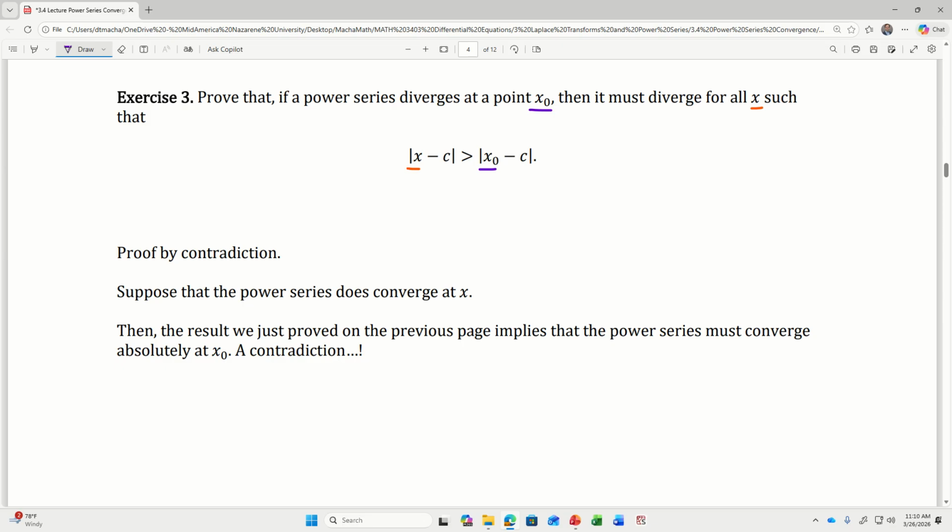Suppose that the power series did converge at a point x that's farther from the center. Then, if it converges at x, it would have to converge at the point x0, because it converges at all points closer than a point you find that converges. And that's a contradiction to our hypothesis, because in the hypothesis we said the power series diverges at a point x0. So very short, sweet, easy proof there to get the converse.